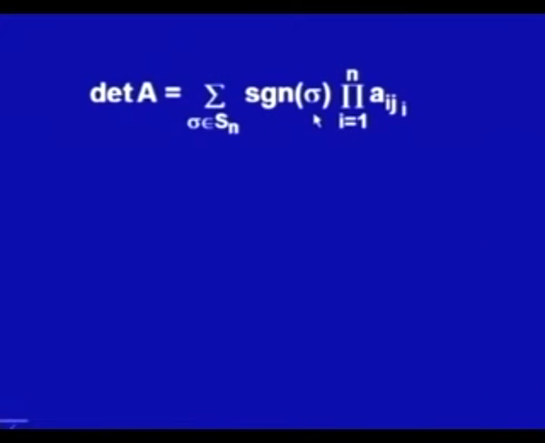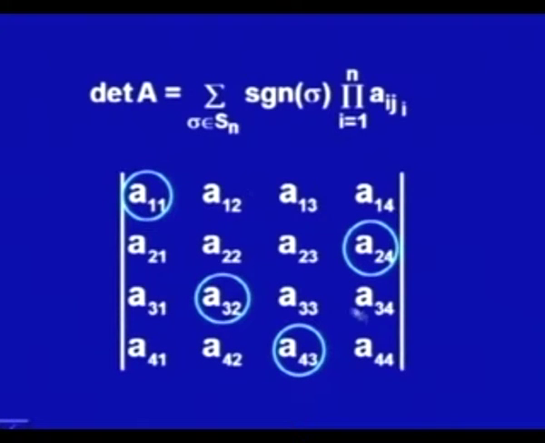So, we define the determinant for an nth order square matrix as determinant A equal to the sum over permutations of the signum of the permutation sigma times the product for i equal to 1 to n of a i j_i. Now, this is explained with a 4 by 4 matrix, where we calculate the product of terms like A11 from the first row first column, A24 from the second row fourth column, A32 from the third row second column, A43 from the fourth row third column.